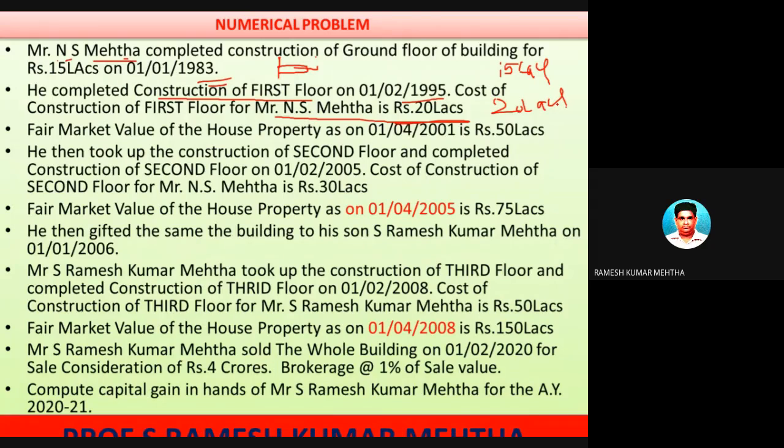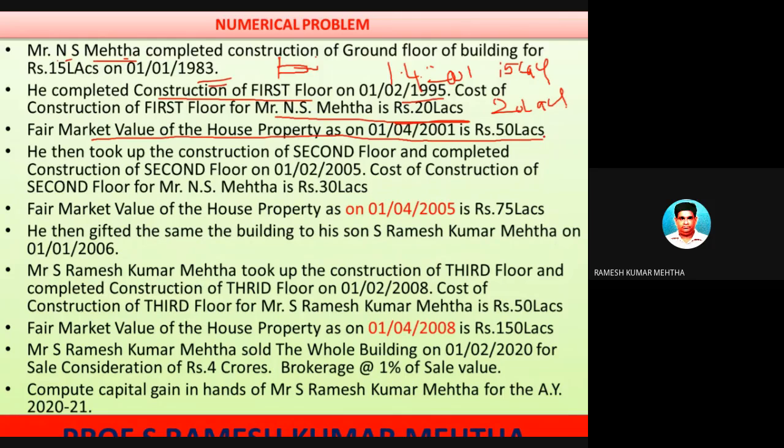Number 3. As these house properties came into picture before 1/4/2001, you are furnished with data called the fair market value of the house property on 1/4/2001: ₹50 lakhs.